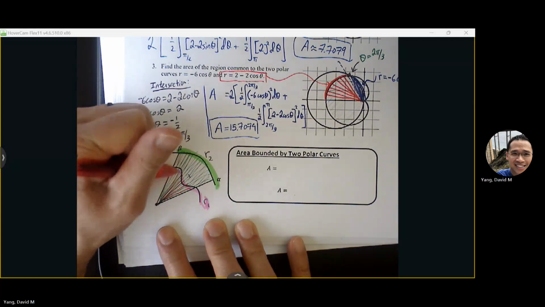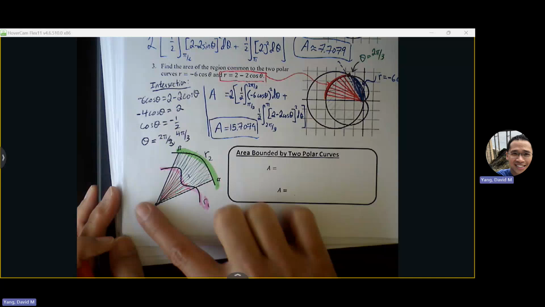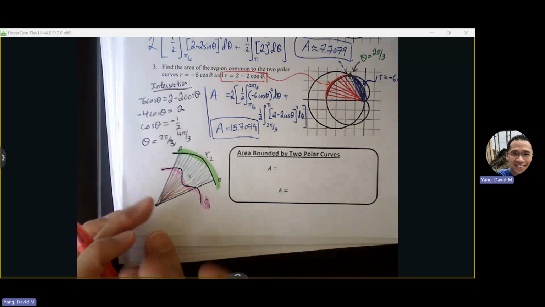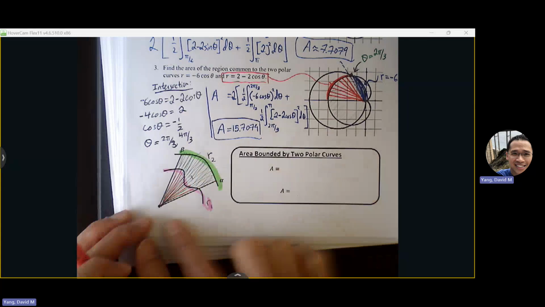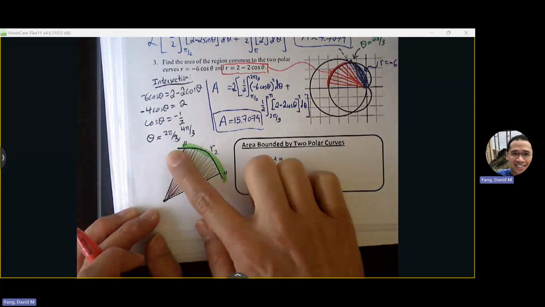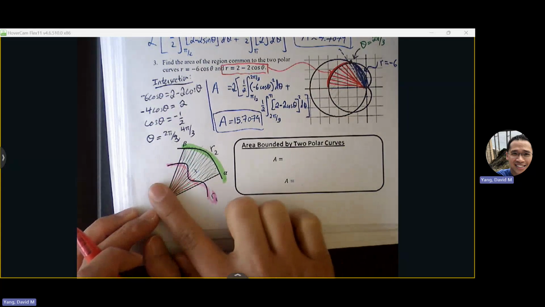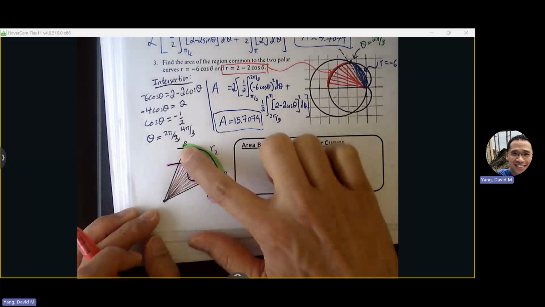Remember, every area we find has to include the origin. We can't just go ahead and find the area here. We have to find the full area first, then subtract out the part that we don't want, and then we're left with this region.